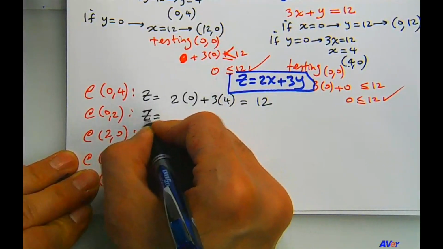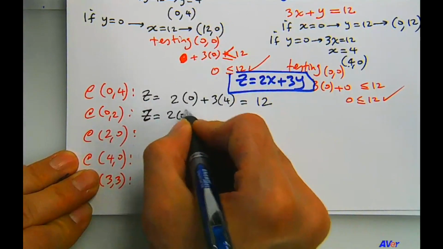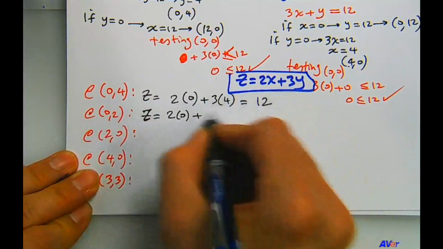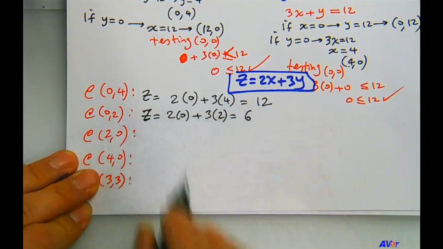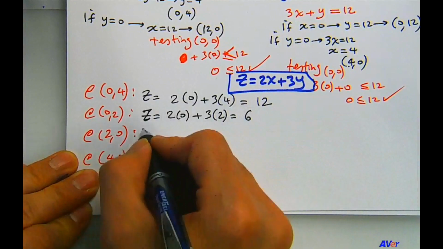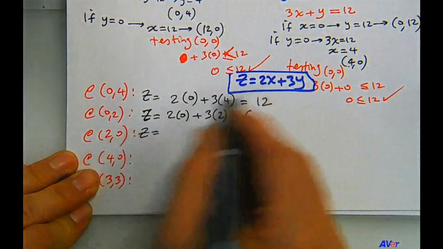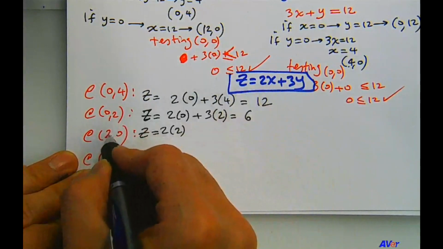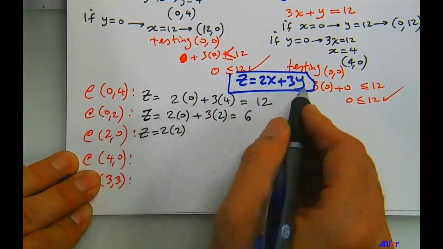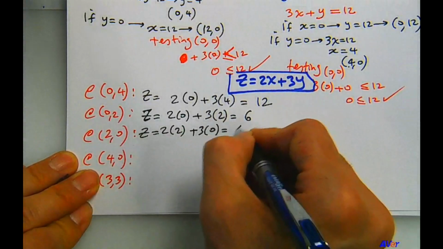At (0, 2), z = 2 times 0 plus 3 times 2, and that's 6. Next one, z = 2 times 2, right? Just plug in 2 for x from this point and 0 for y, plus 3 times 0, we have 4.